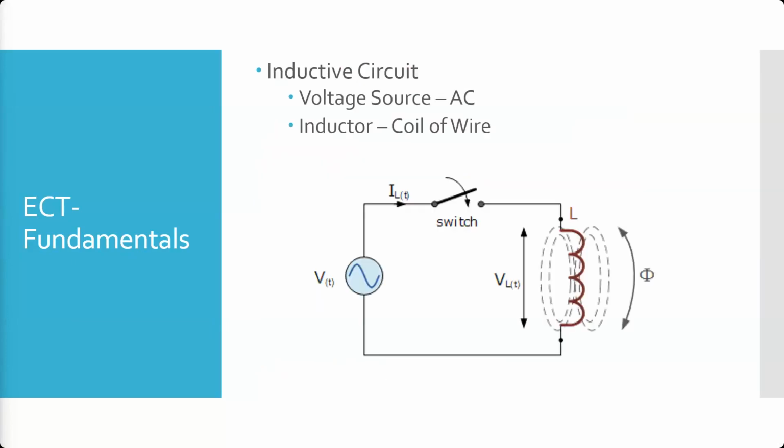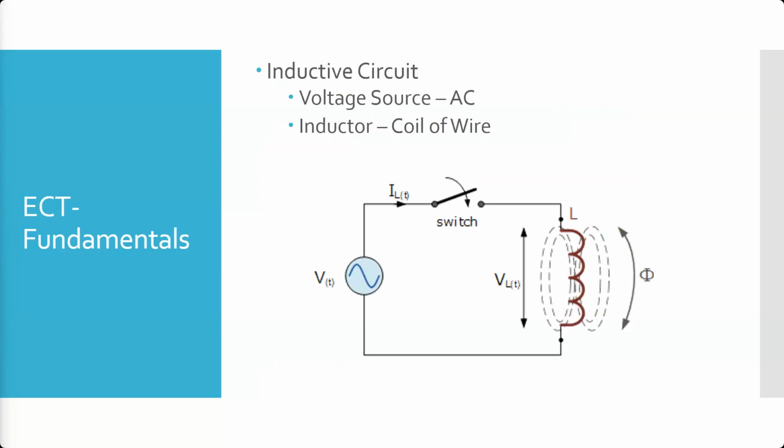So here's the pictures of it. So inductive circuit, we're going to have a voltage source with AC, a coil of wire as our conductor, and that's going to create that magnetic field there. Okay. But what happens when we create that magnetic field, as that magnetic field builds, we're going to send our current one way.